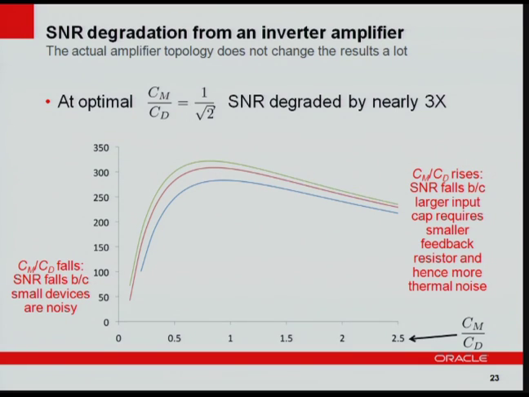So that function f for the TIA topology looks something like this. Recall that there is the parameter Cm over Cd, which is the ratio of the device capacitance to the parasitic capacitance. And here are just plots for different technology nodes.